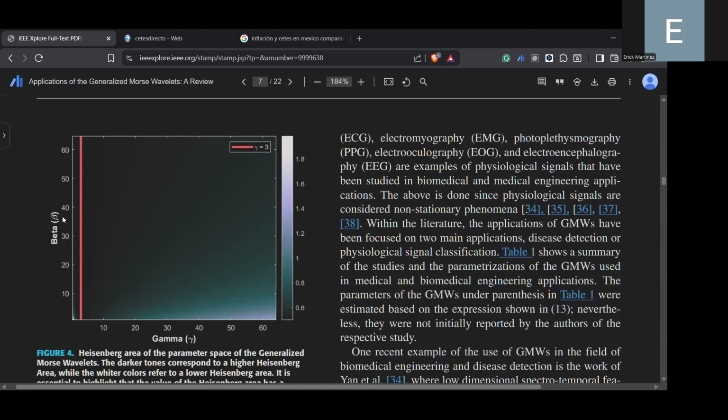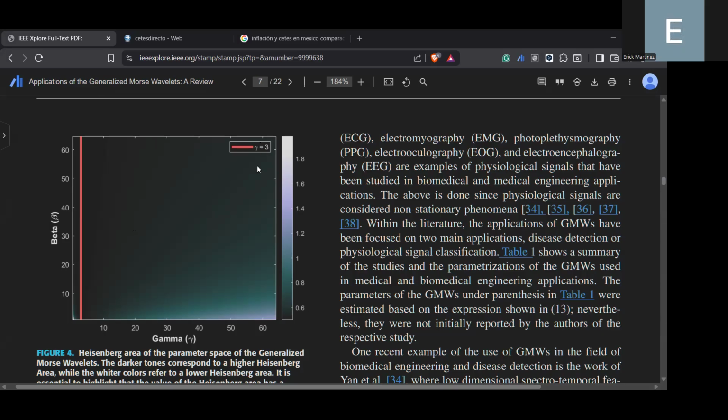So you can see that the darker tones represent a lower Heisenberg area. In fact, the darker the tones of colors that we're showing here, the closer we are to the Heisenberg area lower bound, that is very near 0.5, according to the color scale of this plot.